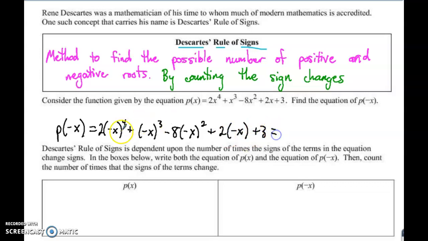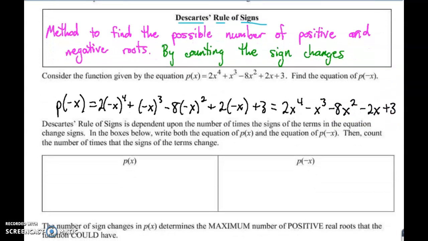Just remember that if you take a negative to an even power, it goes back to being positive. A negative to an odd power, though, stays negative. Negative to the even power, the sign stays the same there. Minus 2x plus 3.